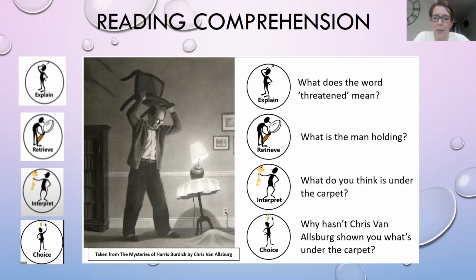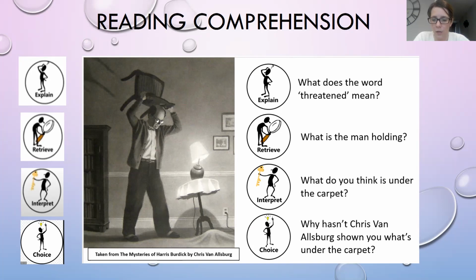And the last question for our picture today is, why hasn't Chris van Allsburg, who is the author of this book, why hasn't he shown you what's under the carpet? Pause the video and have another think. Well done for answering those questions.